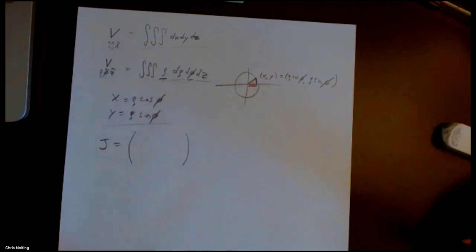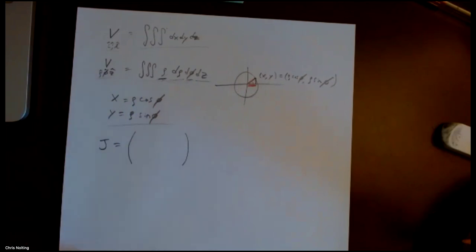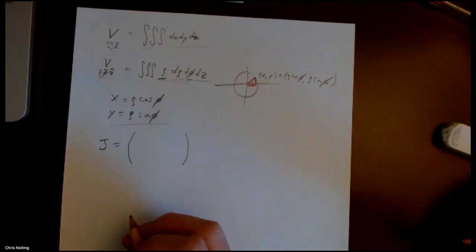But what we can do now is write the Jacobian matrix, often designated by J, where the elements of this matrix are each one of the partial derivatives relating these quantities to rho and phi.